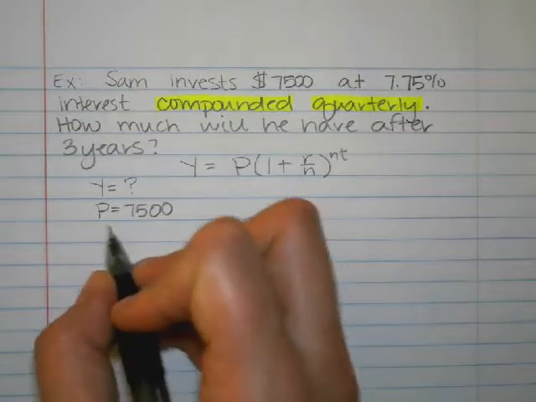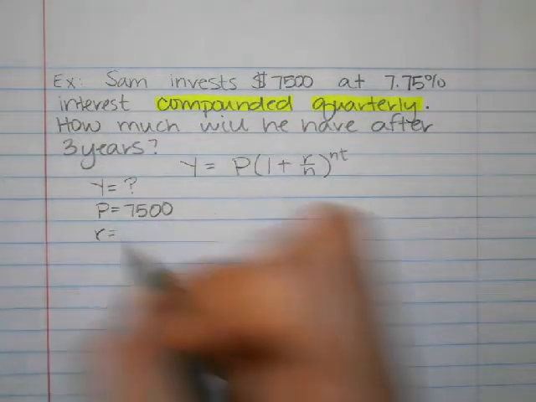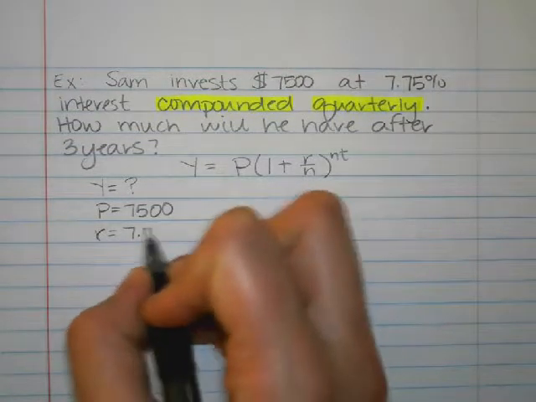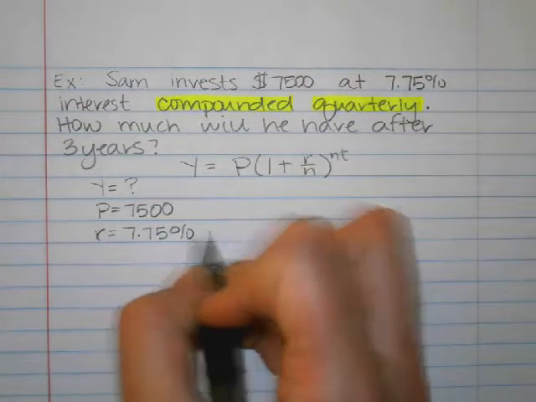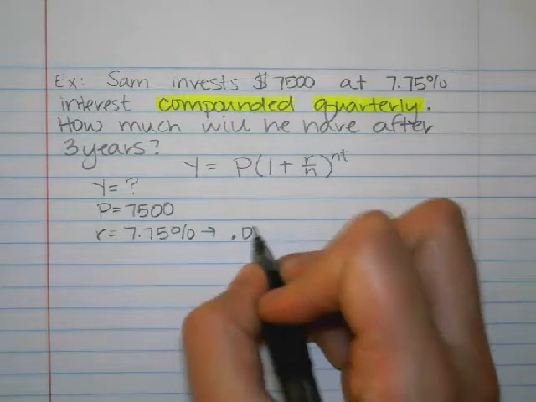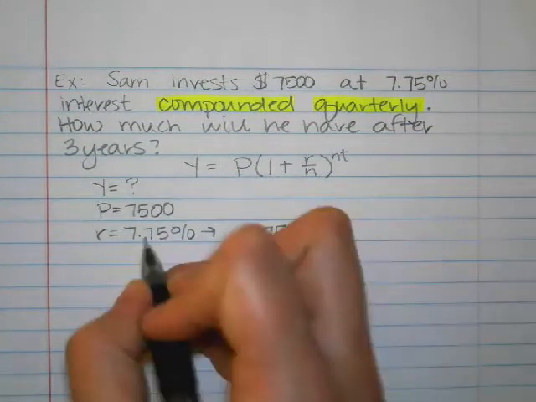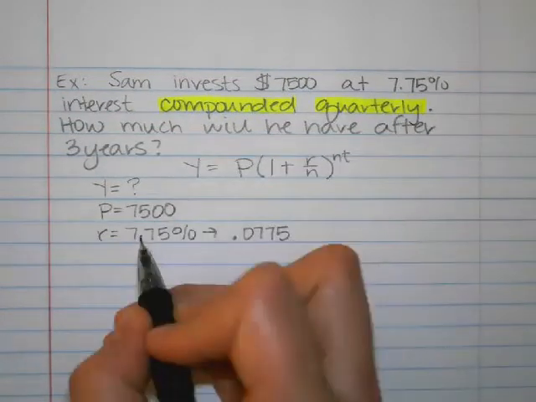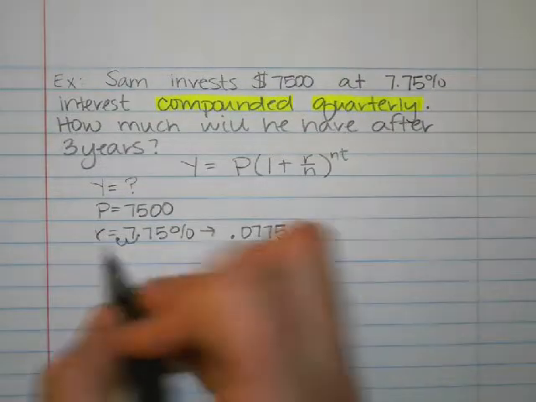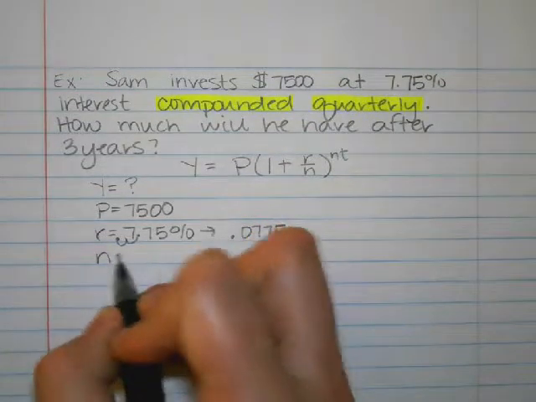Did they give us an r value? Yes. What is it? So 7.75%, we can't actually use that number. What do we actually use? 0.0775. So we take this decimal point and we move it 2 places to the left. Did they give us an n value?